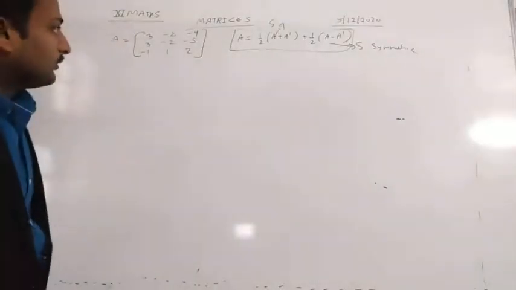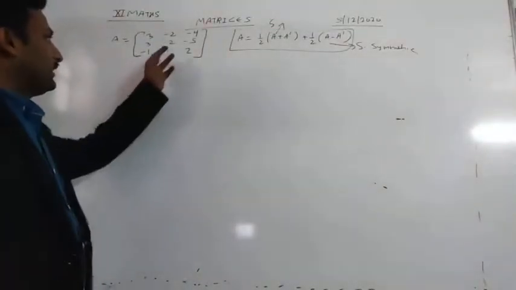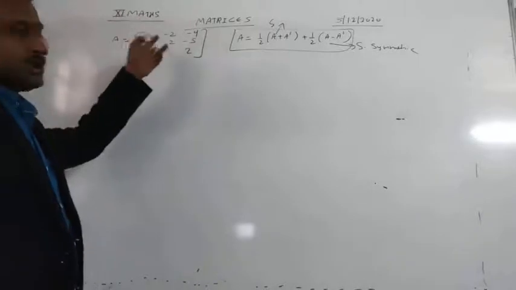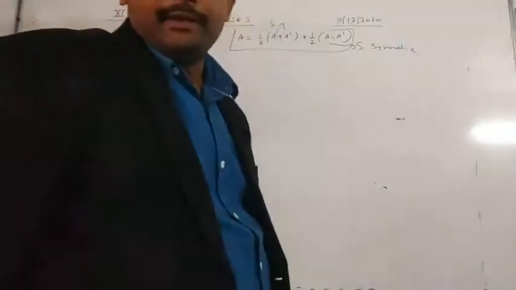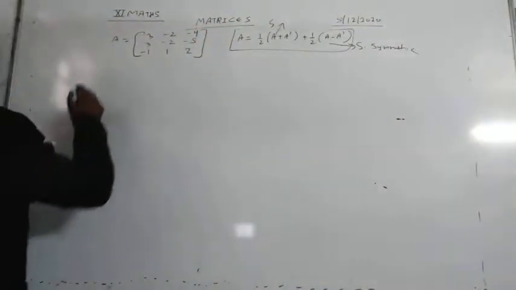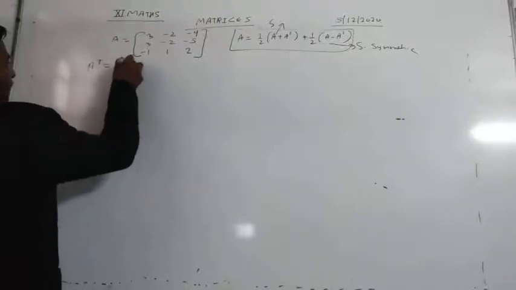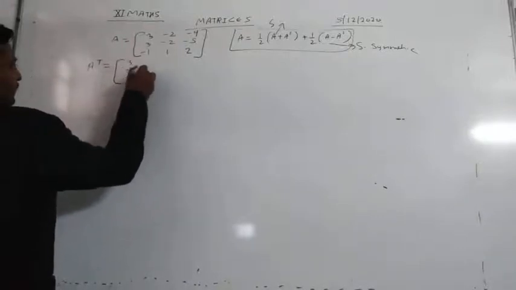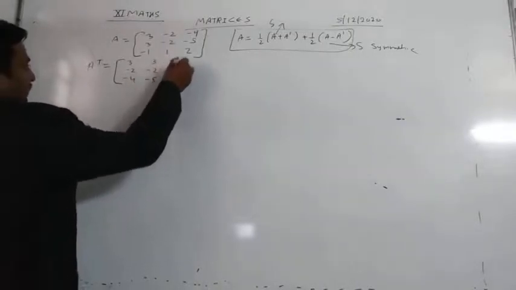Okay, so first of all we will find the transpose of this matrix, and then we will find the sum and the difference of these two. Let's start. Our A transpose is 3, -2, -4; 3, -2, -5; -1, 1, 2.